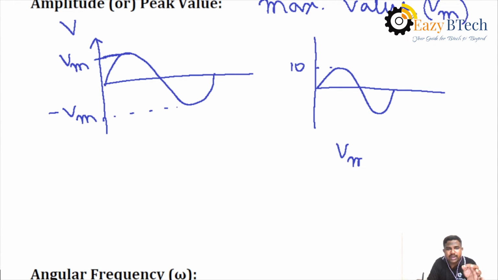Whatever function is given on the y-axis, you can take it as Vm, Im, like that. Here in the example, the Vm value is 10. That is called the maximum value of the given waveform. In this way, you calculate the peak value, Vm, for the given waveform.